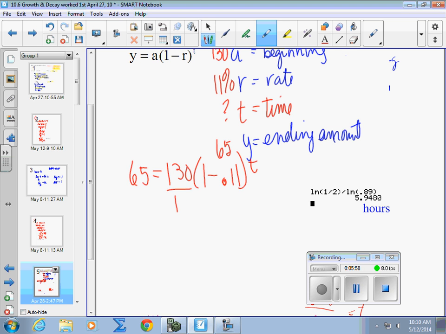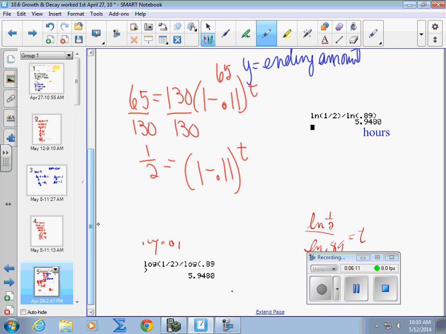Divide everything by 130 and you get 1/2 is equal to 1 minus decimal .11 raised to the t. Like I said, if you want to use log base 10, you're certainly welcome to. You should get the same answer. Or you can use LN. I usually use LN because I have to when there is an e in the formula, and I can when there isn't.